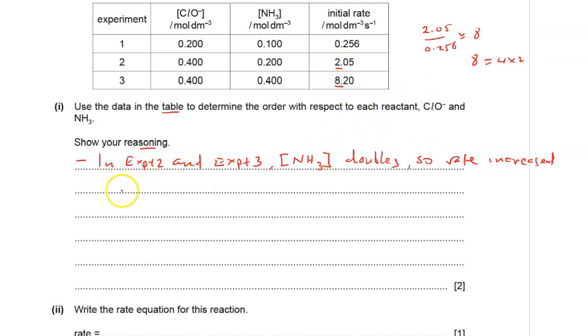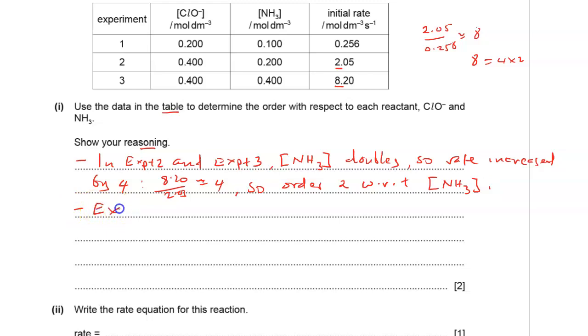When you take 820 divided by 205, this is approximately 4. So the order of ammonium here is 2. So order of 2 with respect to ammonium concentration.